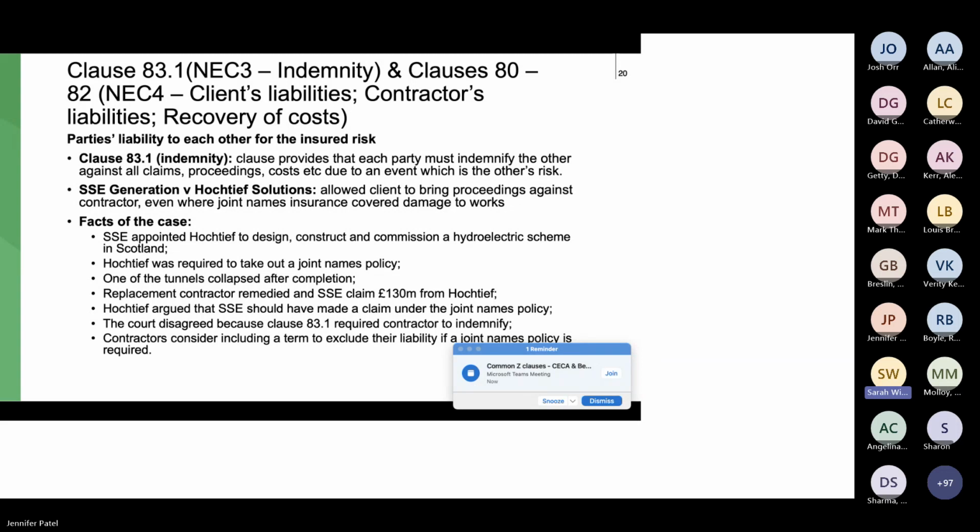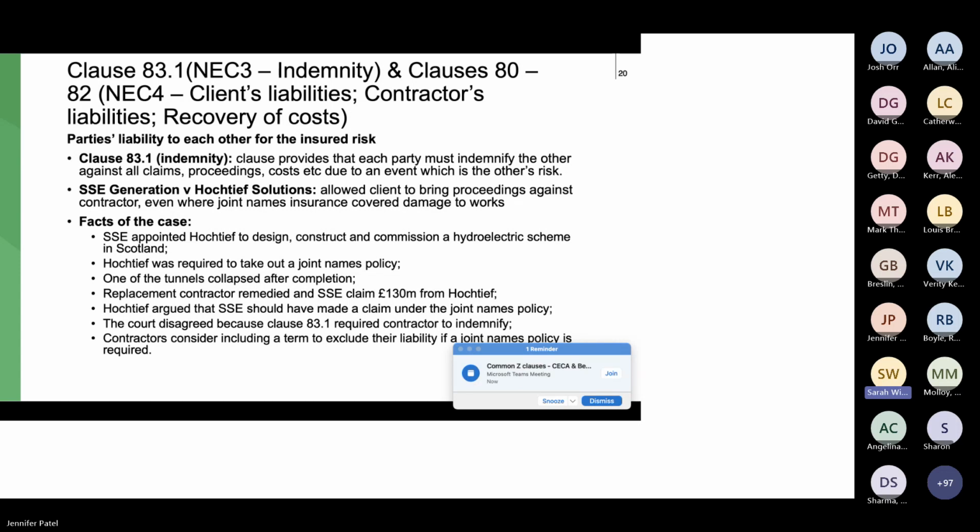So it relates to this clause 83.1. So it's the first bullet point, and it says that each party must indemnify the other against all claims, proceedings, costs, etc., due to an event which is the other's risk.